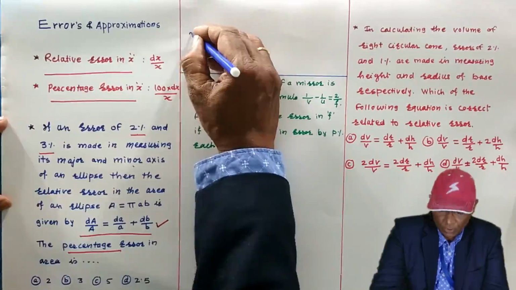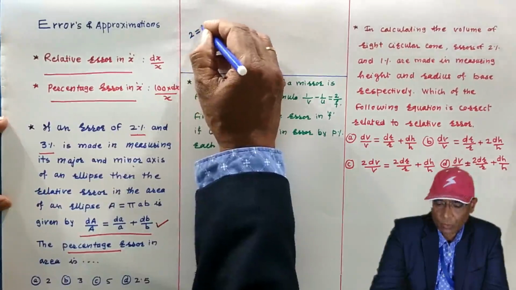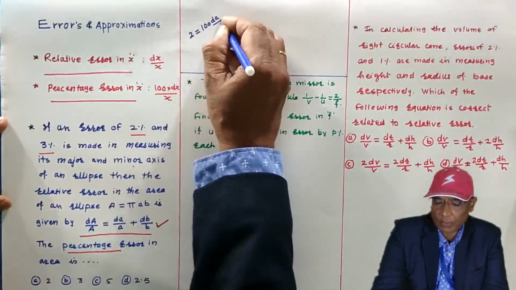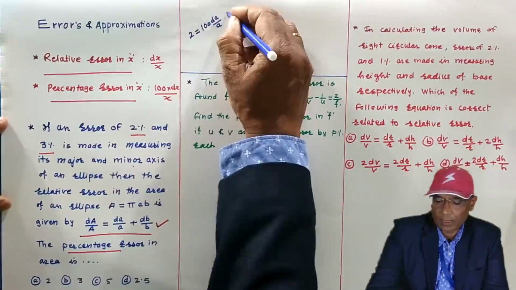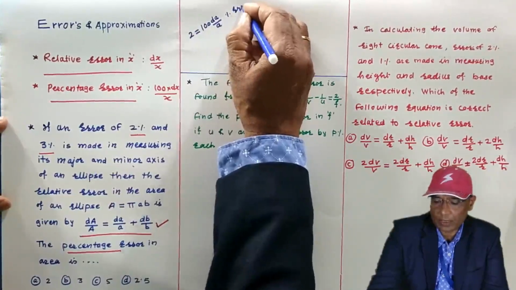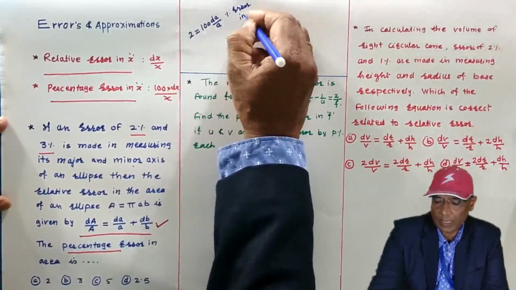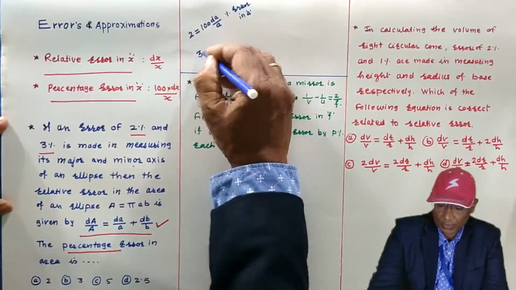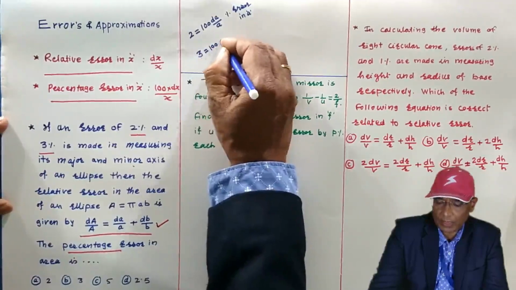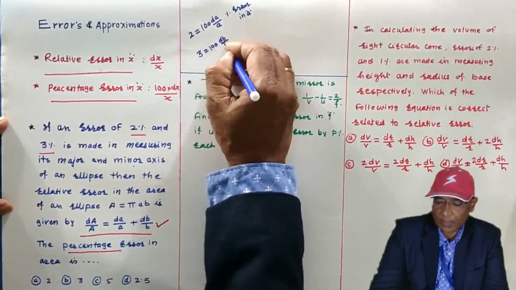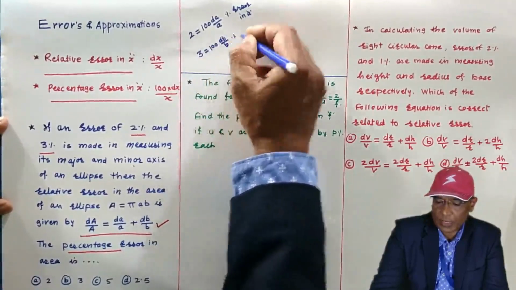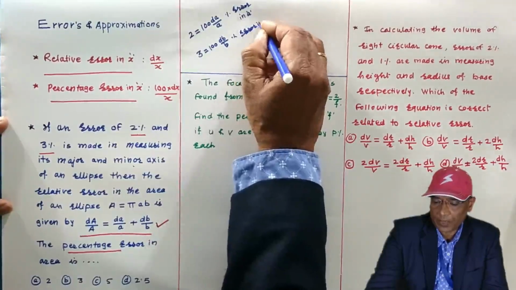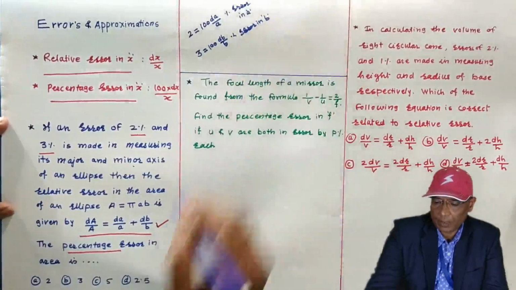See, here 2% is the percentage error occurred while measuring a, and 3 is 100 db by b, the percentage error in b.